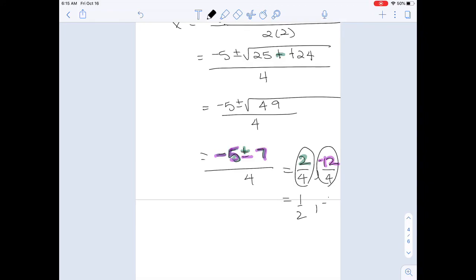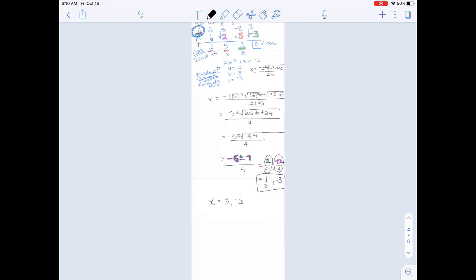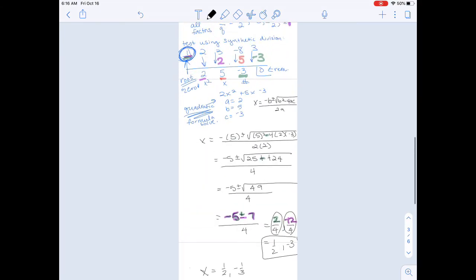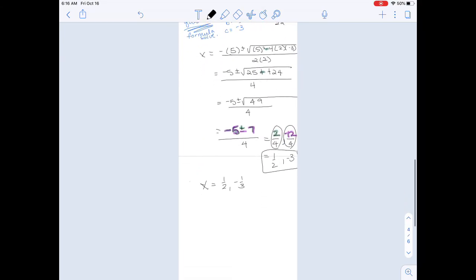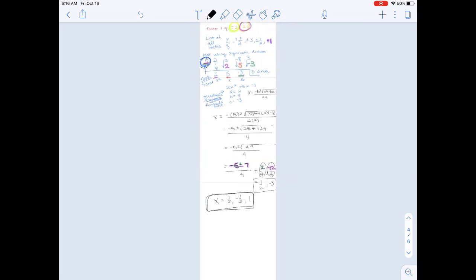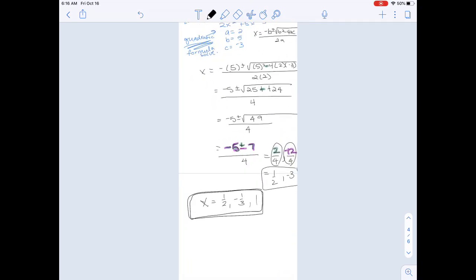Negative 12 over 4 is negative 3. And those are my remaining two zeros. So we would say, for our solutions, x equals 1/2, negative 3, and then the first one that we found up here was 1. And those are our rational zeros for the f of x that we started with. All right, I'll see you guys back in class.